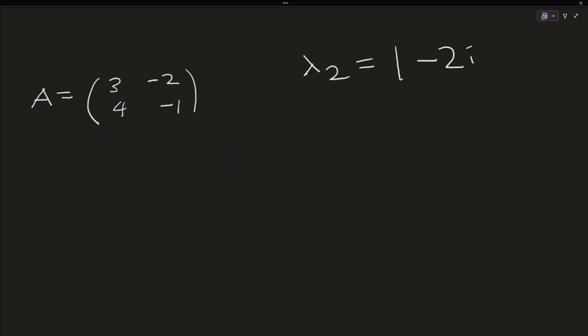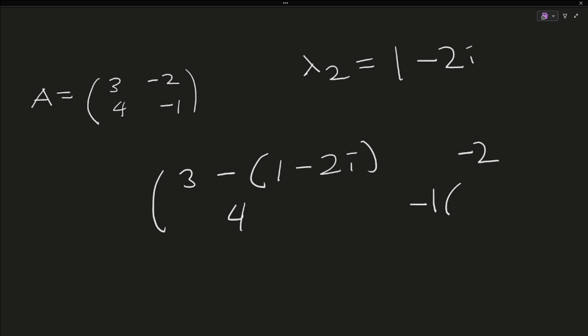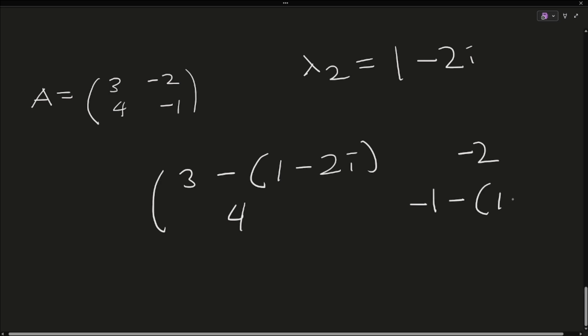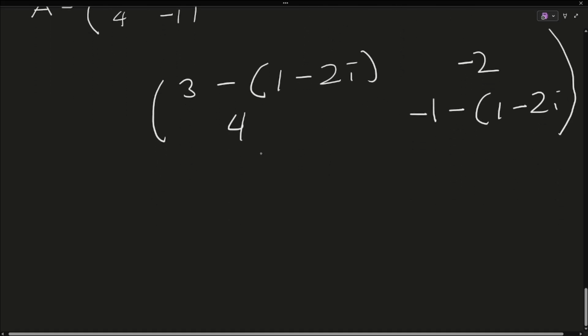Now we're going to say A minus lambda 2. So we're going to have 3 minus (1 minus 2i), negative 2, 4, and negative 1 minus (1 minus 2i). This is our new matrix.